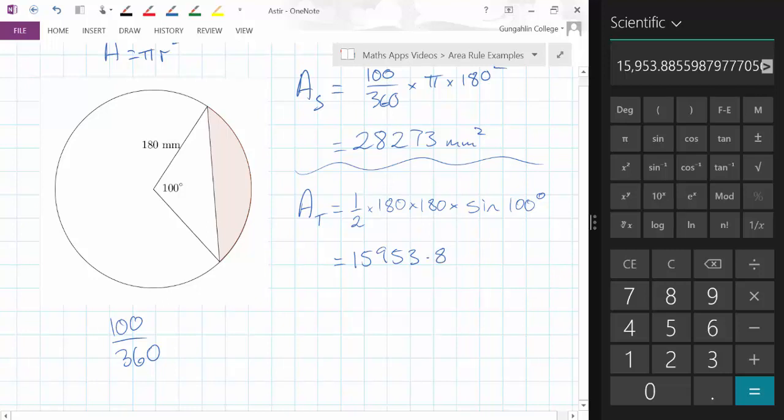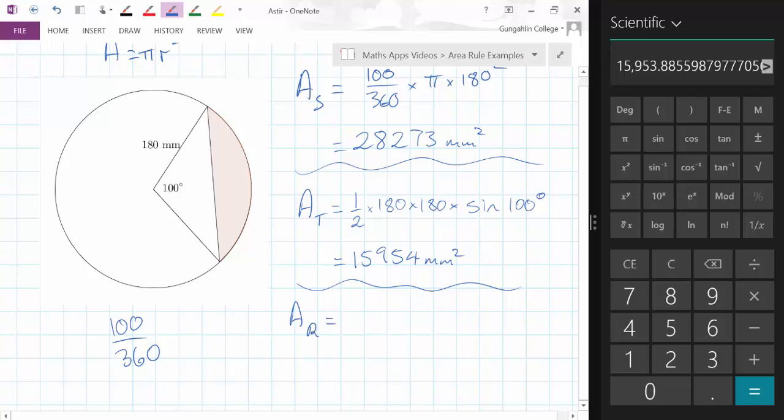I said I wasn't going to go to decimals, so I'll leave that out, and I need to round up. But do make sure that you know how to get the right answer, and when you see something come up on your calculator, check that it looks right. The reason I knew that other one was wrong was the number was bigger than this, and that can't be right.